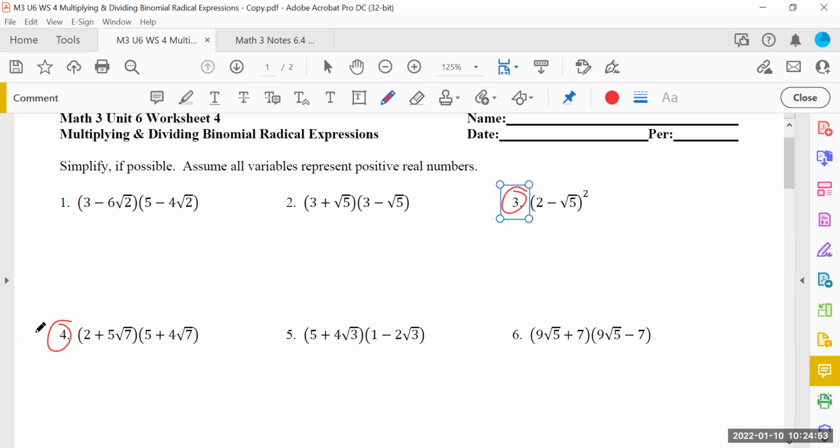What is number 4? Do you have any questions right now? Okay, so why don't you try this?